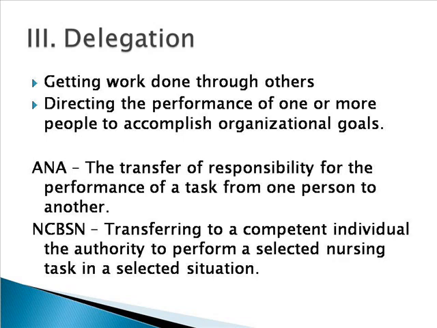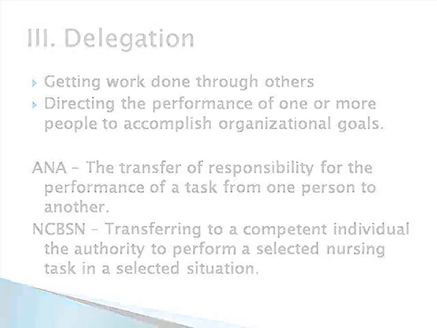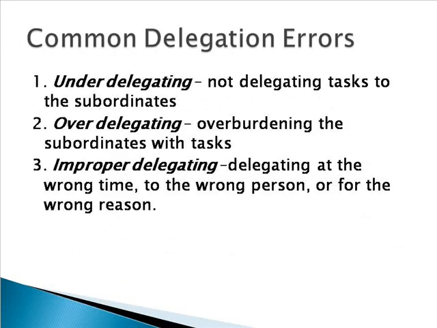Common delegation errors include: number one, under-delegating, not delegating tasks to the subordinate. Two, over-delegating, overburdening the subordinates with tasks. And number three, improper delegating, delegating at the wrong time, to the wrong person, or for the wrong reason.